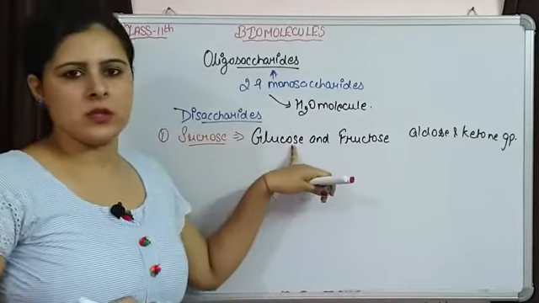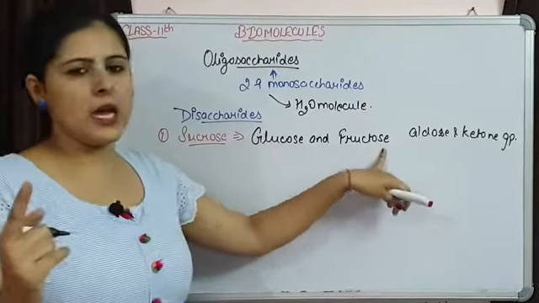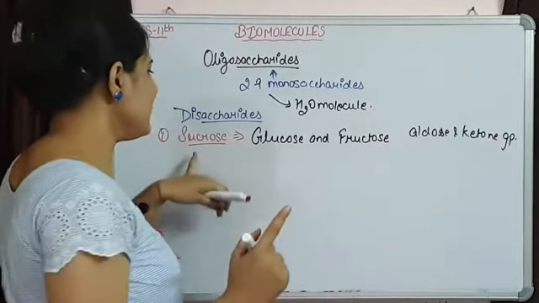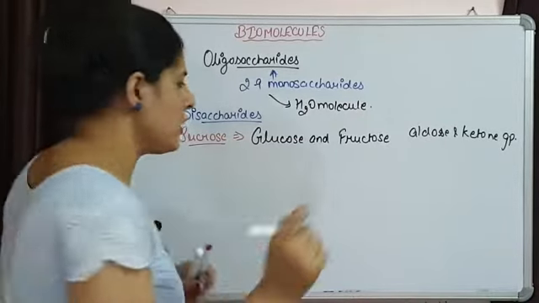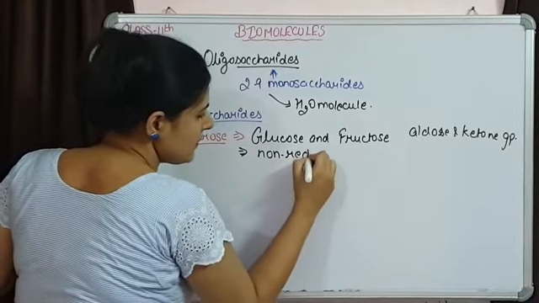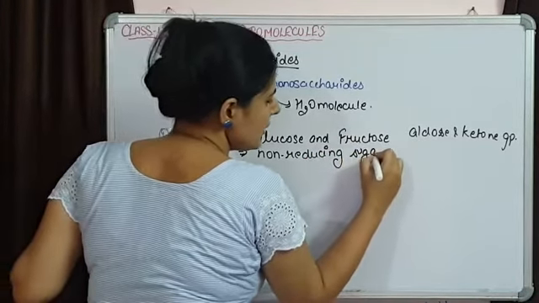The first carbon of glucose and the second carbon of fructose are involved, and the result is that sucrose is going to be a non-reducing sugar. We will talk about what it actually means, but always remember that sucrose is a non-reducing sugar.